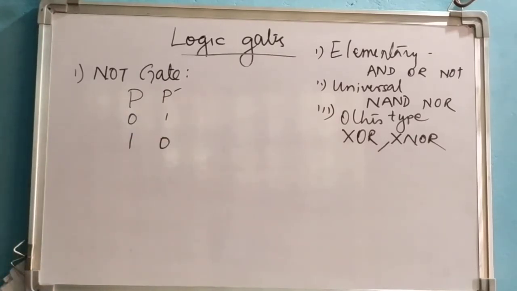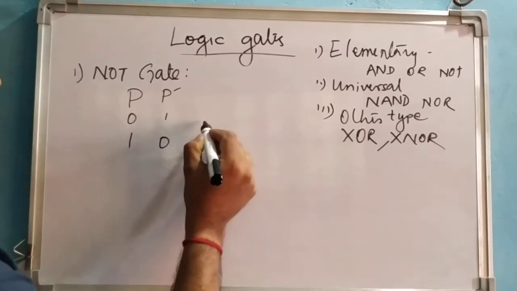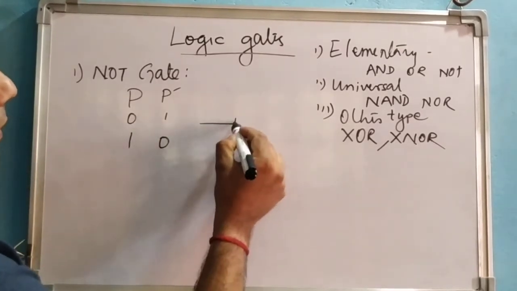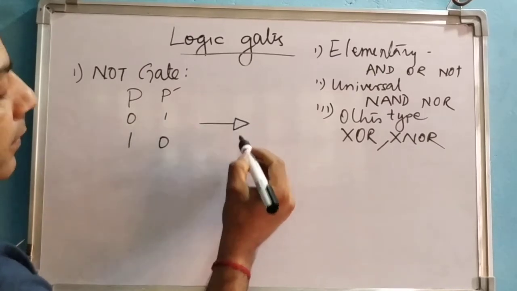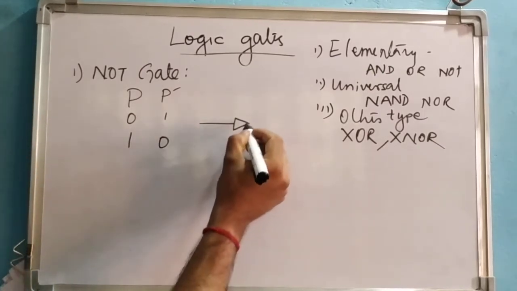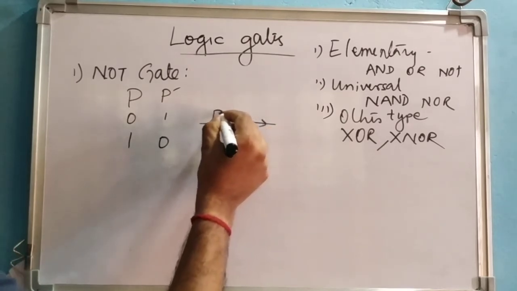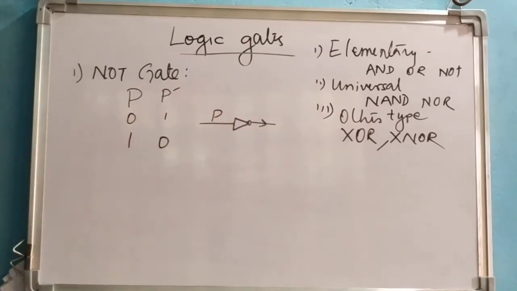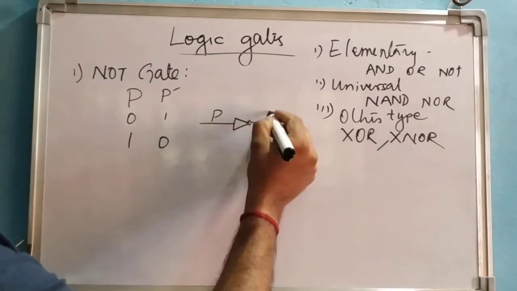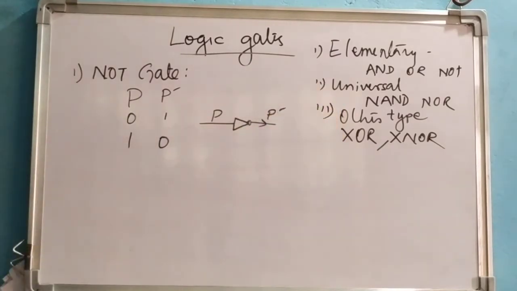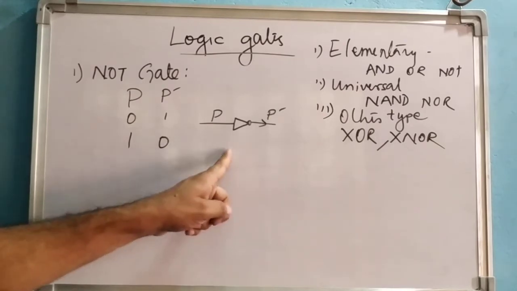In symbolic form, the NOT gate is represented with an arrow: this is P, and after the signal it has become NOT P.